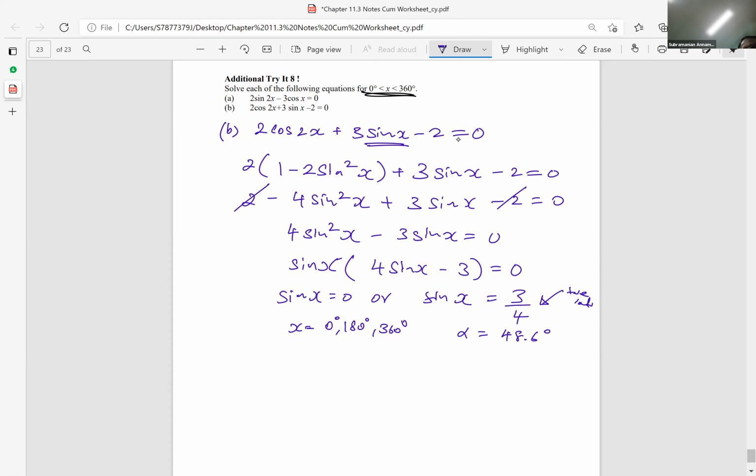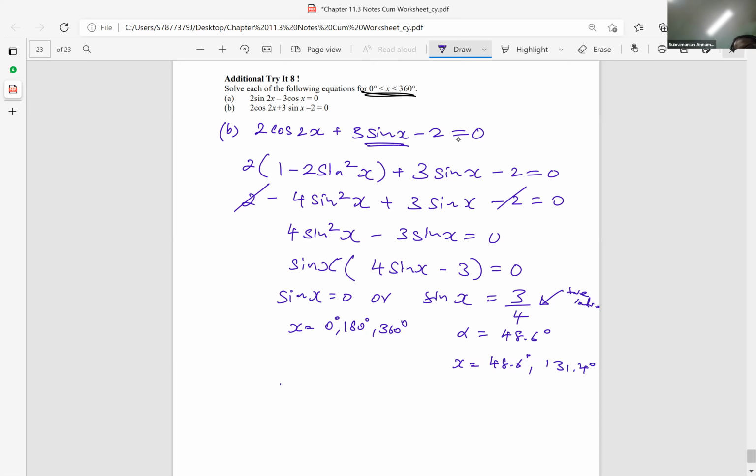So if it's positive ratio, then it belongs to first quadrant and second quadrant. So x is equal to 48.6 or 180 minus 48.6, 131.4 degrees.